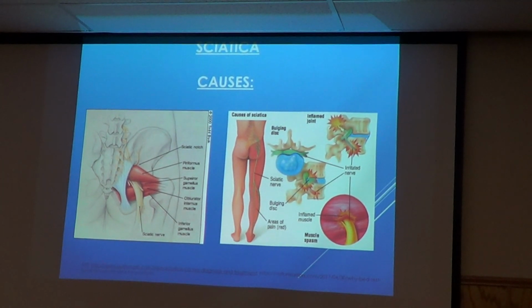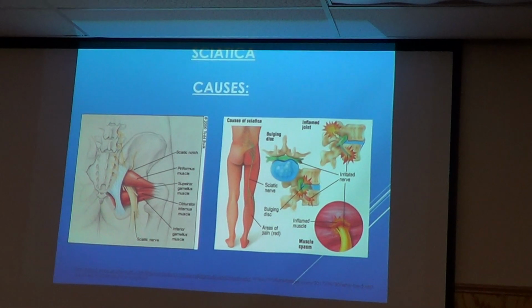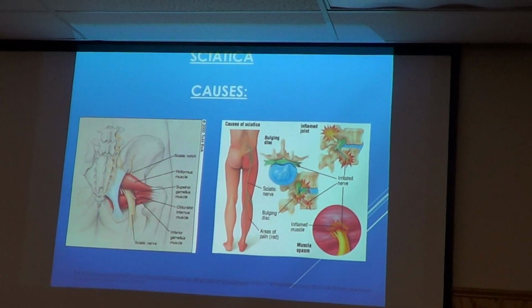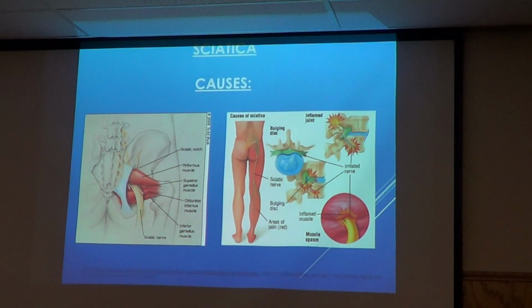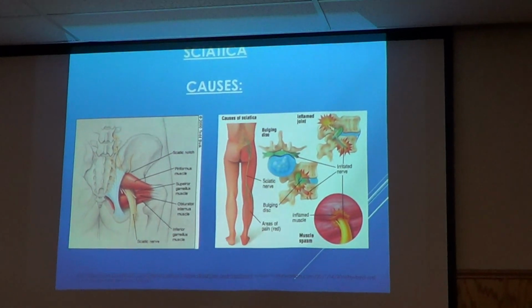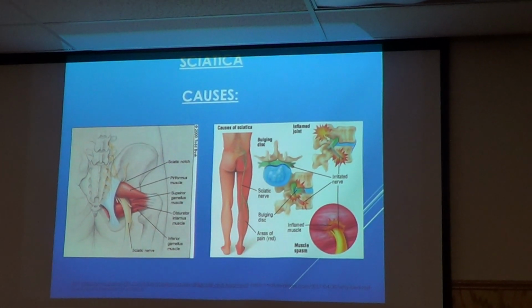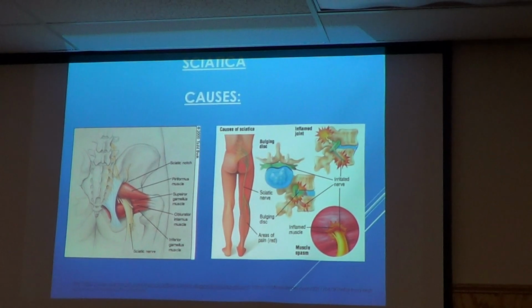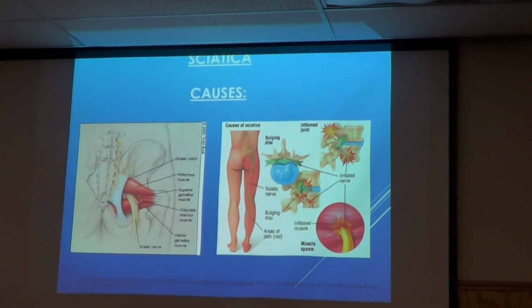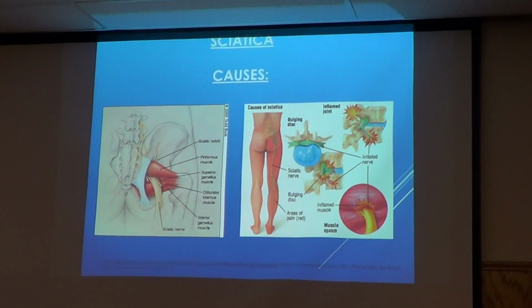Another common cause of back pain is sciatica, and we have heard a lot of things about it. So what is sciatica? It's just triggering of a nerve which is called the sciatic nerve. Sciatic nerve pain is usually radiating. It can be in your back, it can be in your hip area, and it can radiate down to your foot.